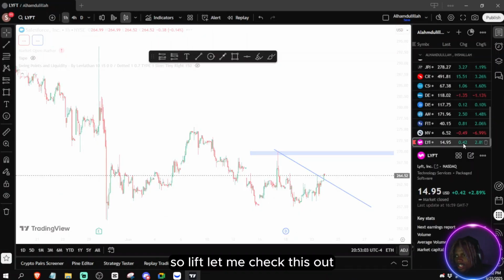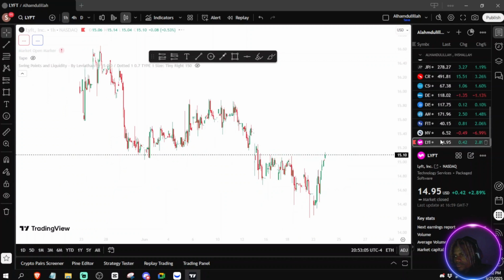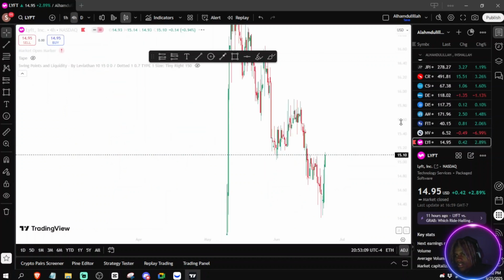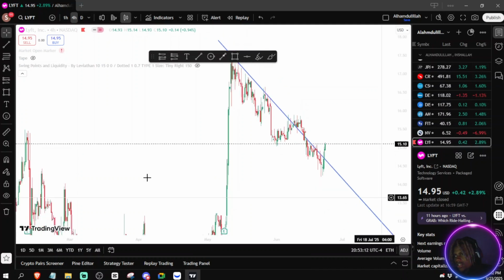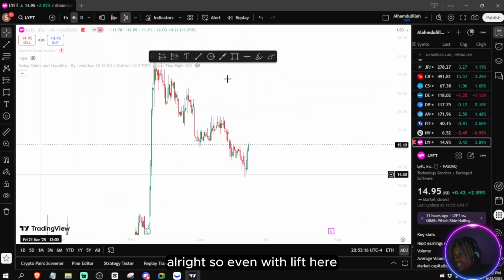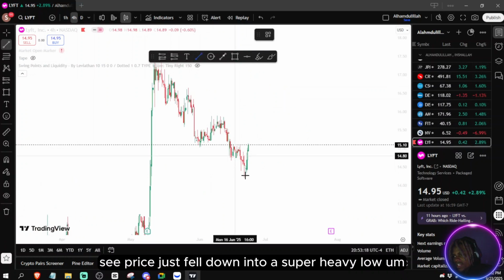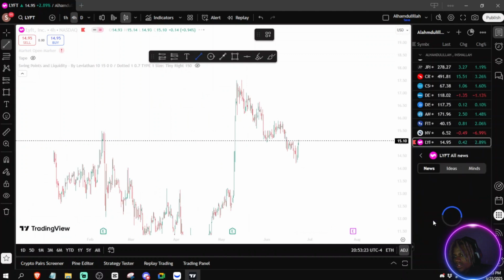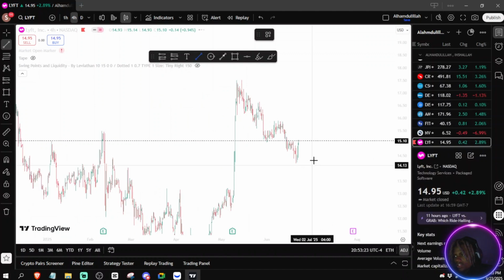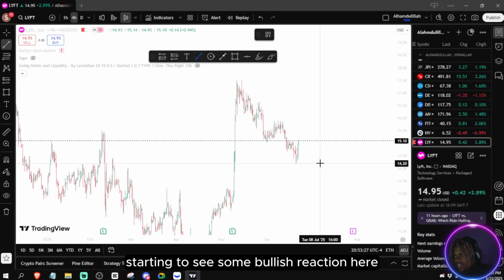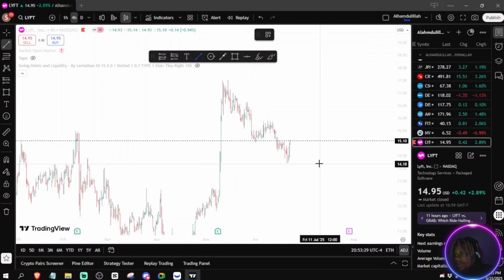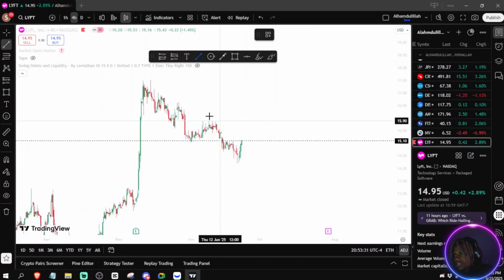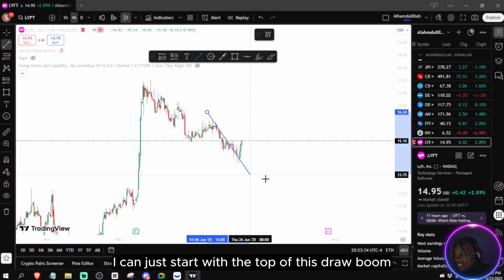So Lift, let me check this out. Get on the 4 hour here. Alright, so even with Lift here, see price just fell down into a super heavy low. Starting to see some bullish reaction here. Okay. So I can just start at the top of this.